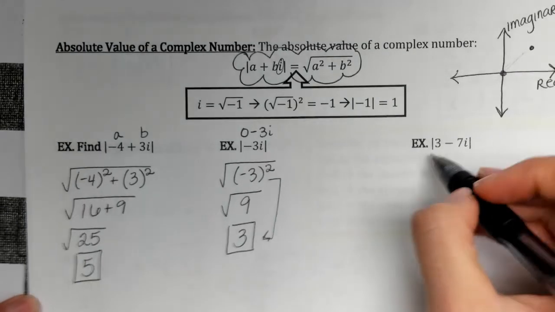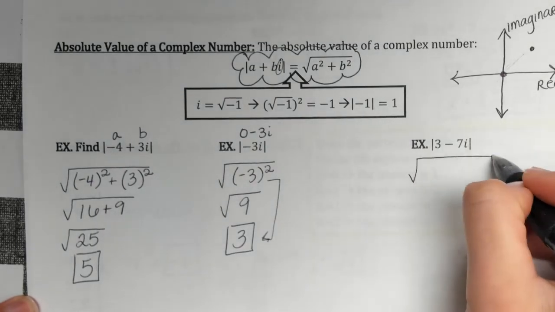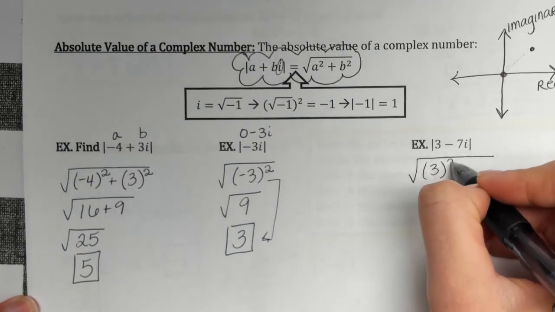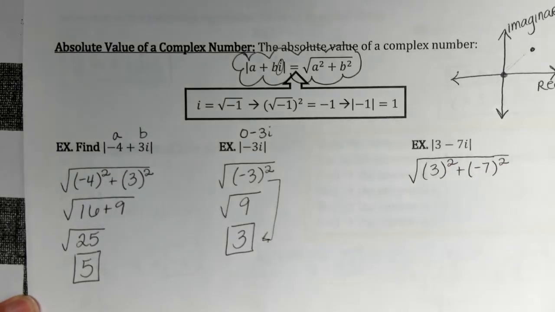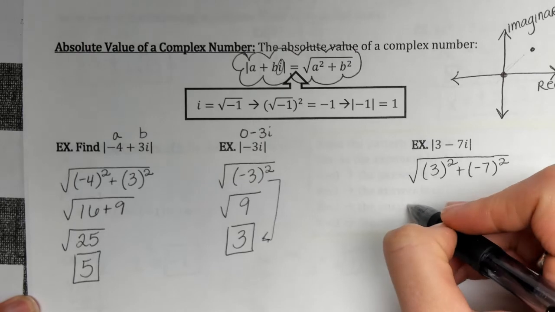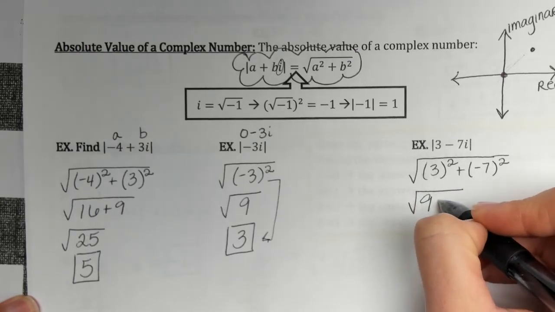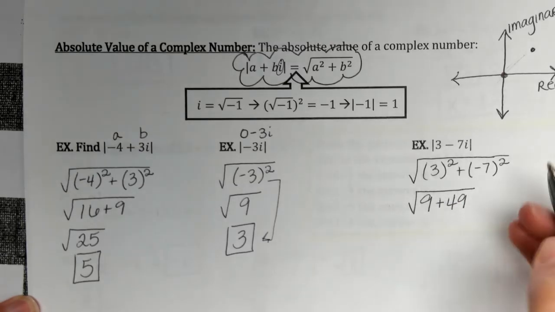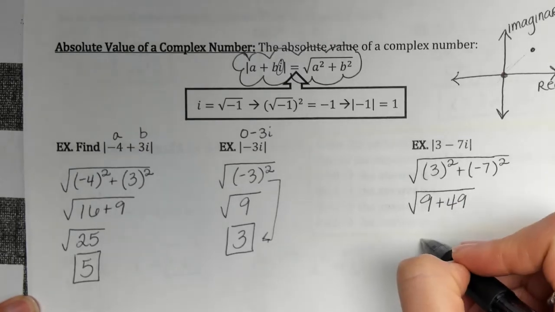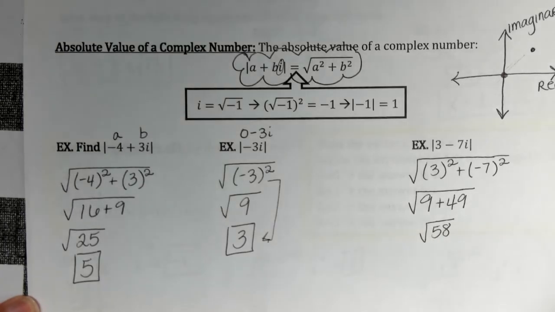Alright, absolute value of 3 minus 7i. Square root of 3 squared plus negative 7 squared. So square root of 9 plus 49, which is the square root of 58.